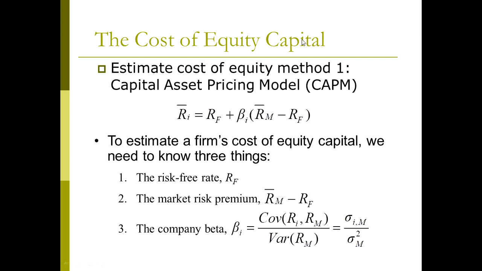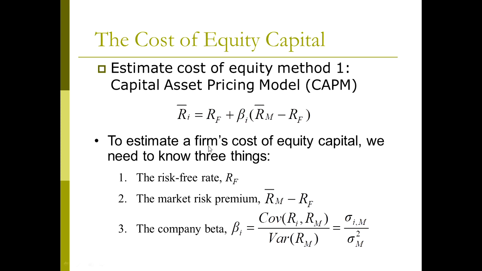So the cost of equity, method 1, use the CAPM model. Recall our formula for the CAPM model. The cost of equity, or the required rate of return, is determined by the risk-free rate plus the beta of the company multiplied by the market risk premium. You can think about the S&P 500 as the proxy for the market return.